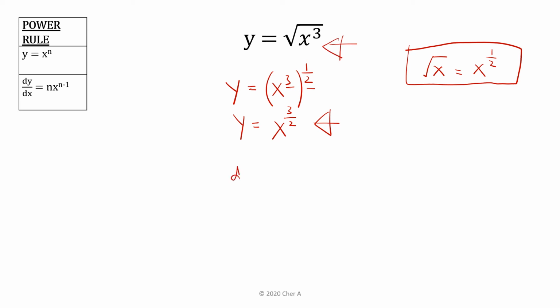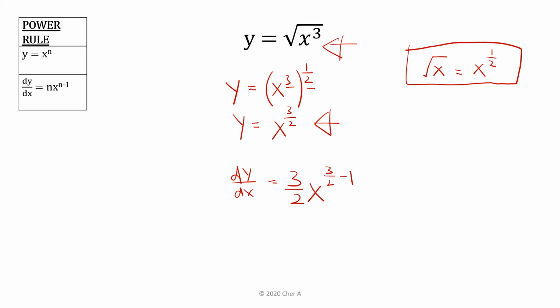So dy dx first. Same thing, 3 over 2 is our power, we bring it to the front, x remains, 3 over 2 minus 1 will be the new power.